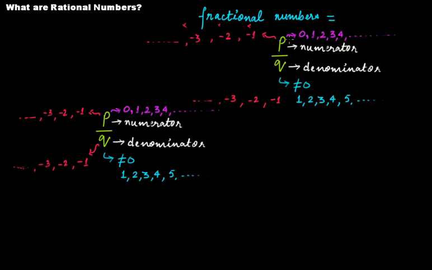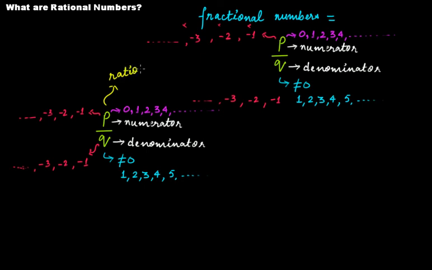Rest all conditions are the same. If this is the case, then this p over q becomes a rational number.